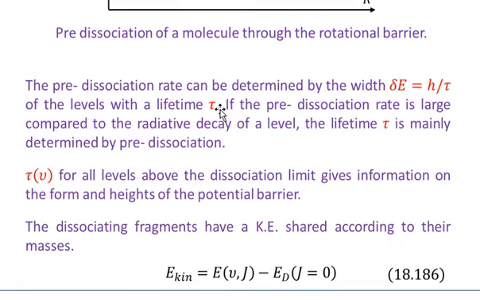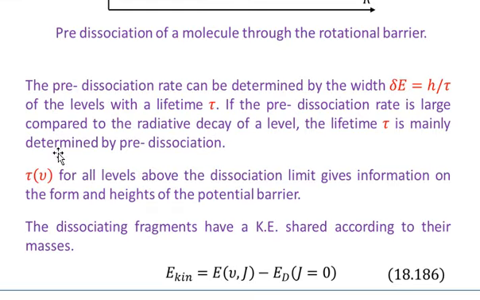The pre-dissociation rate can be determined by the width delta E, which is equal to h over tau. Here I am talking about the width delta E, which is equal to h over tau, of the levels with a lifetime tau, where tau is the lifetime of that corresponding level.